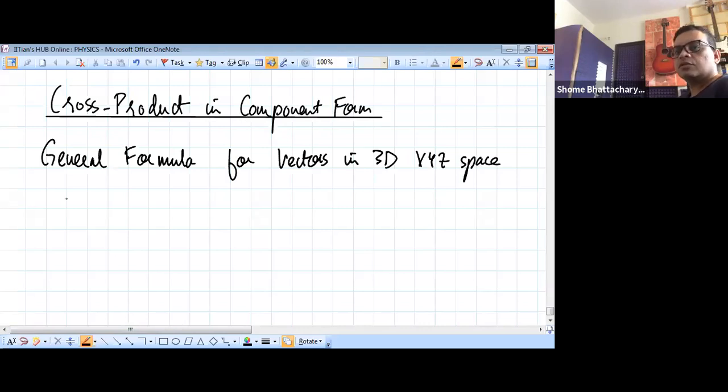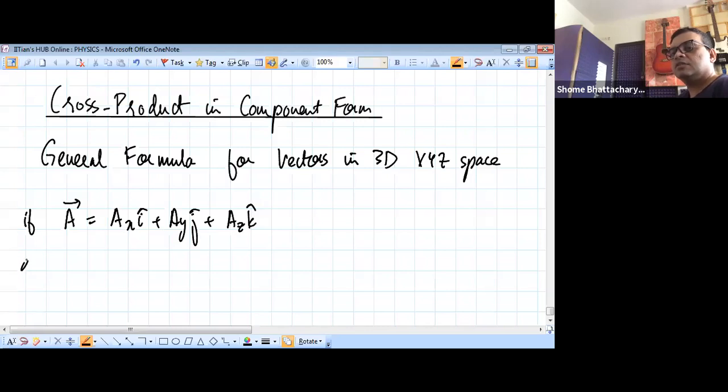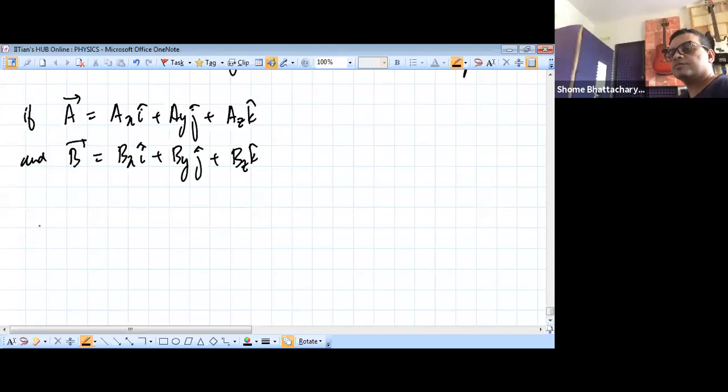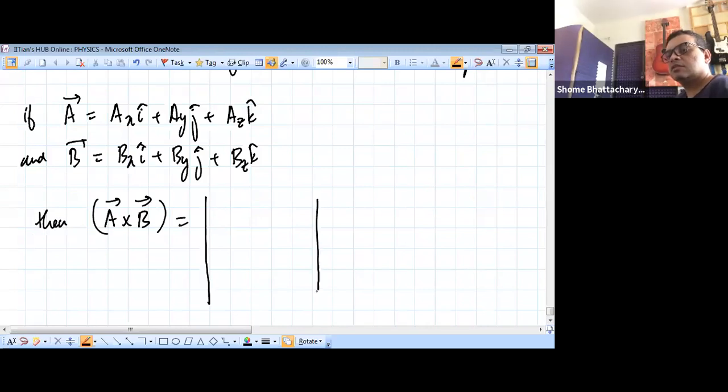Okay. So if the vector A is having the three components Ax, Ay, and Az, and the vector B is having the three components Bx, By, and Bz, then A cross B is given by this simple relation that you draw a 3 by 3 matrix.